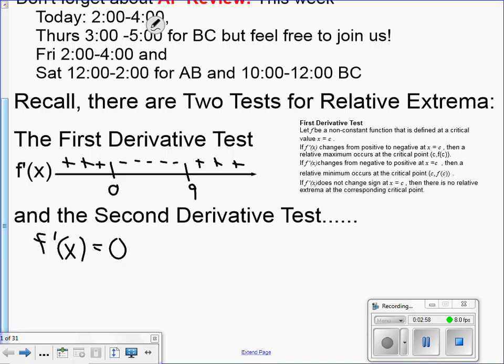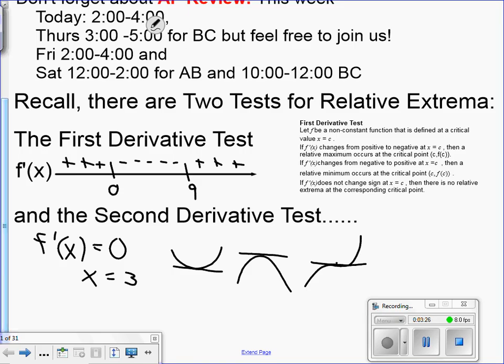Let's say you set your derivative equal to 0, and you get x equals 3. Now you know at 3 you have a horizontal tangent. But you don't know if it's because you have a min, a max, or maybe your function's just going flat for a second and then going back up again. All you know is that you have a horizontal tangent at 3.